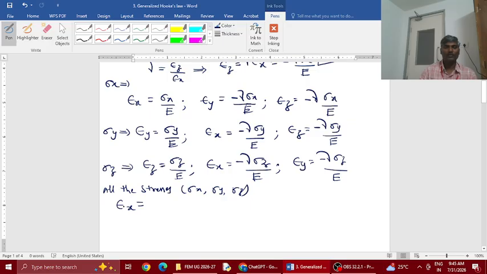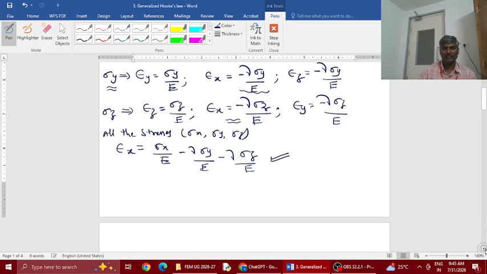Now what will be epsilon x? Because of sigma x, epsilon x is sigma x by E. Because of sigma y, epsilon x is minus nu sigma y by E. Because of sigma z, epsilon x is minus nu sigma z by E. So this is the strain in x direction because of all three stresses.